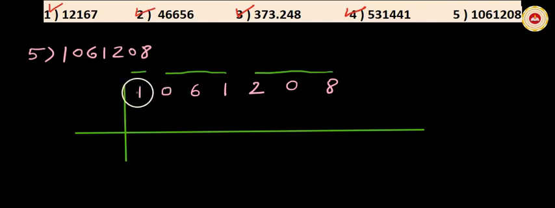Now consider this left group. What is the left group? 1. So let us find a number whose cube is nearest to this 1 but less than or equal to 1. Obviously that number is 1 only, because 1 cubed is 1. So let us write 1 below the left group.